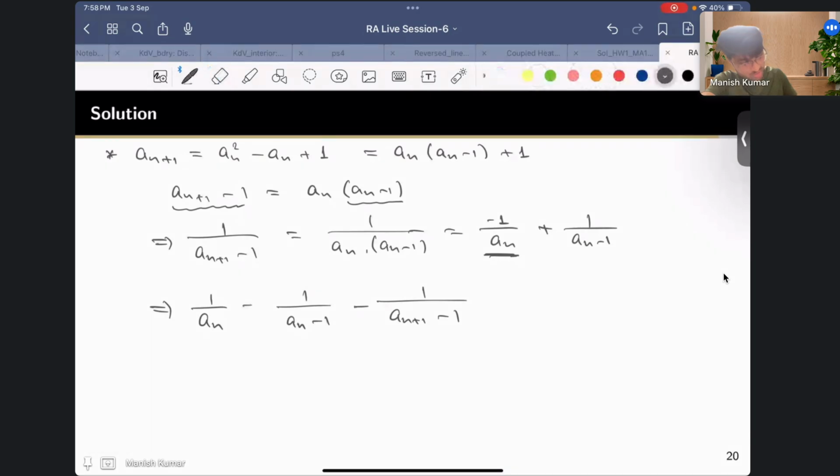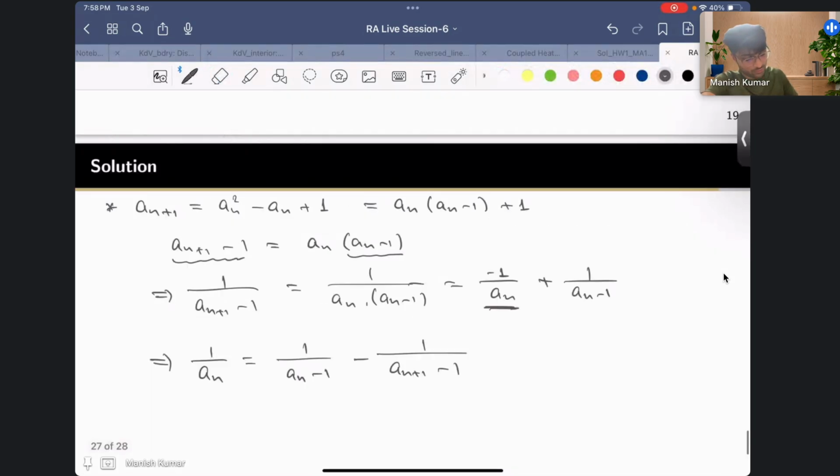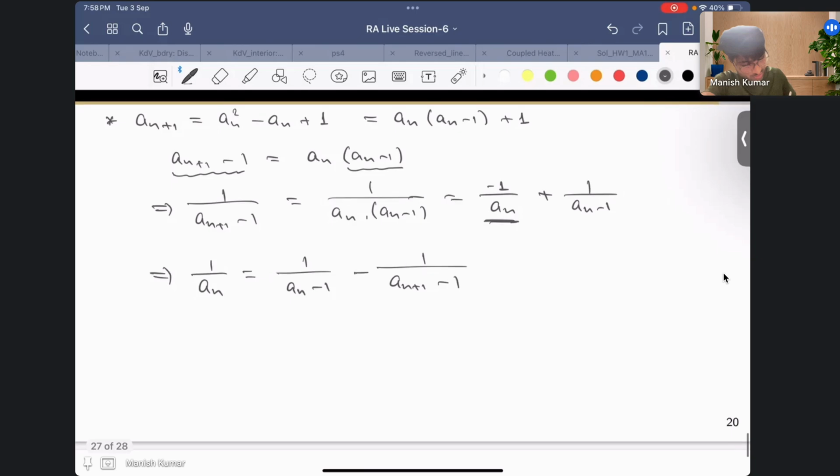Okay, and you have to find this infinite series. So let's try to see what is the finite partial sum, with n equals 1 to capital N, of 1 by a_n. Again there will be a cancellation, right?